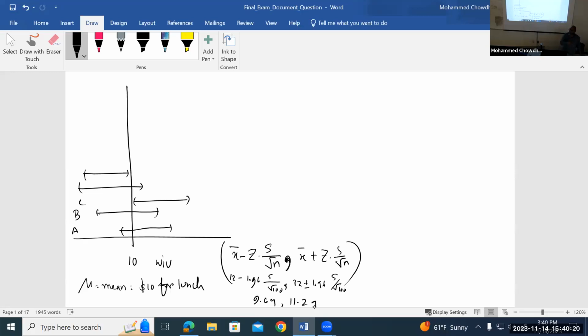In this way, suppose we repeated it 100 times. So A, B, C, D, E, this is way 1, 2, 3, 4, 5. Suppose I constructed it 100 times. 100 people are sent to collect data. 100 people collected samples of different sizes, and then we constructed this. I found that out of 100, 96 of them cover the true value. The remaining 4 did not cover.